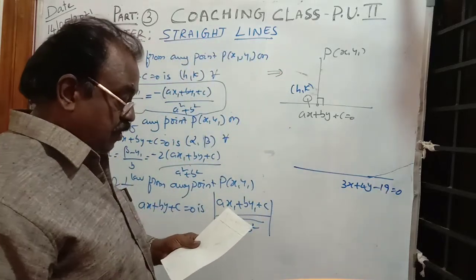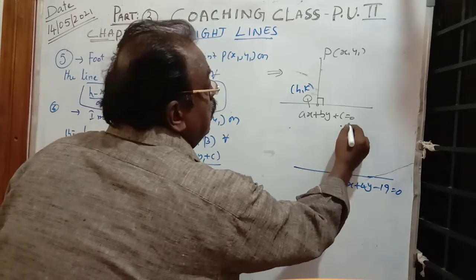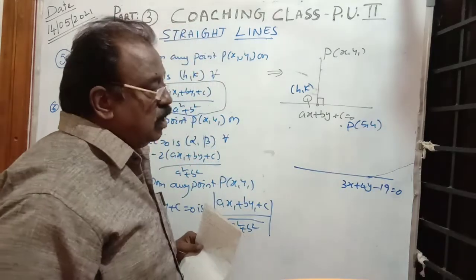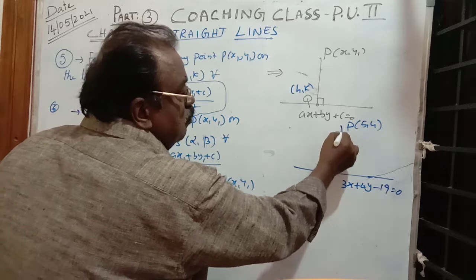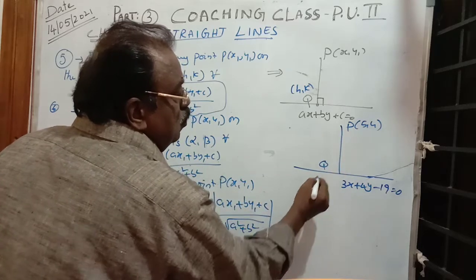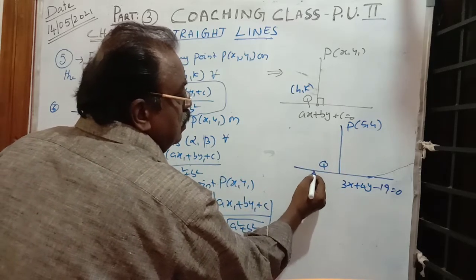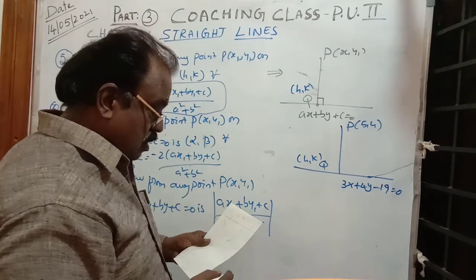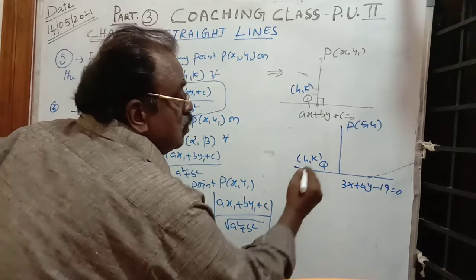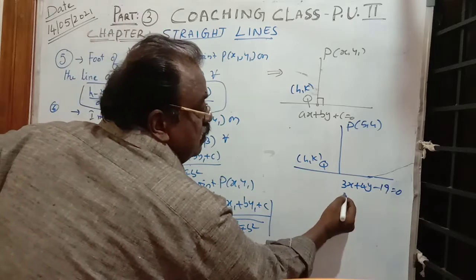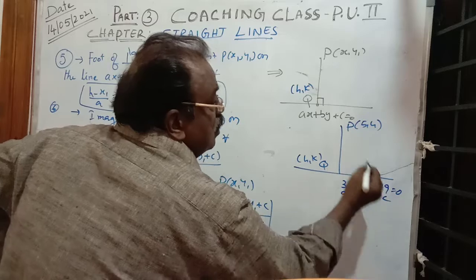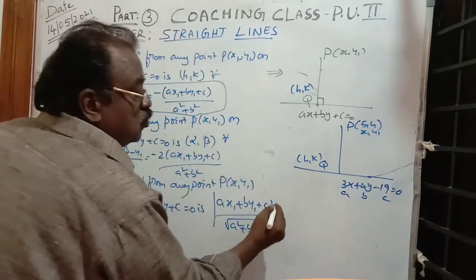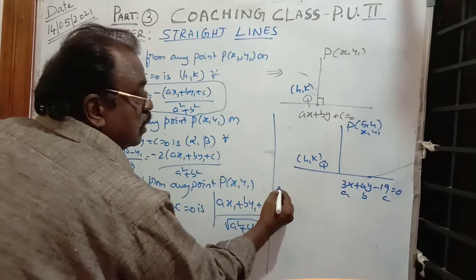It's a line. Suppose there is a point P, it is 5 comma 4. We don't know the foot Q. Let it be h comma k. Now you see, this is a, this is b, this is c, and this is x1, y1.